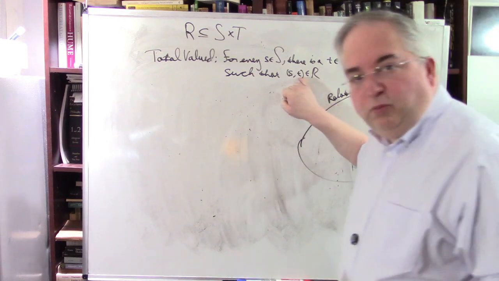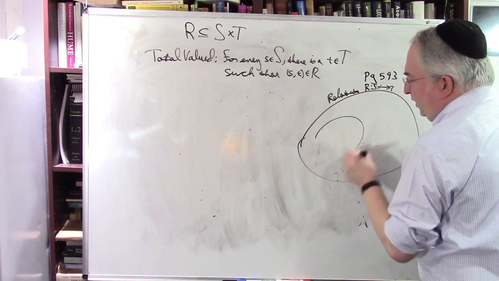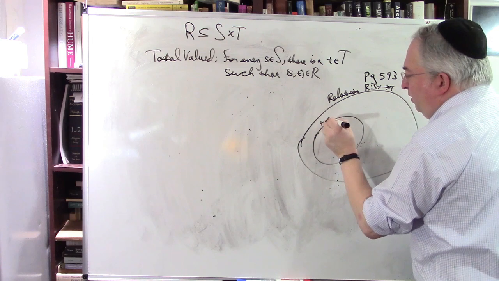Now there could be more than one guy here, but that's fine. So this is called the total valued relation, and we're going to write it like this: total valued.